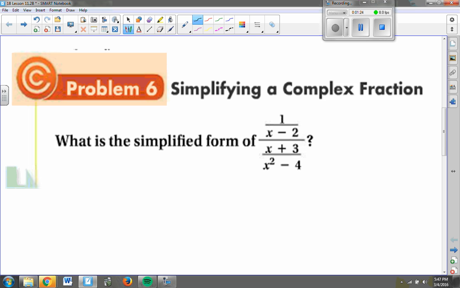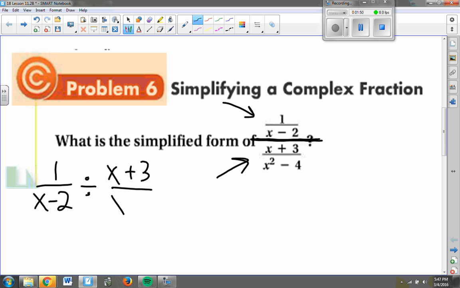But really this is just a complex fraction where on the top and bottom of this bar we have a rational expression on the top and a rational expression on the bottom. So I'm going to rewrite this with a divide symbol: 1 over x minus 2 divided by x plus 3 over x squared minus 4.